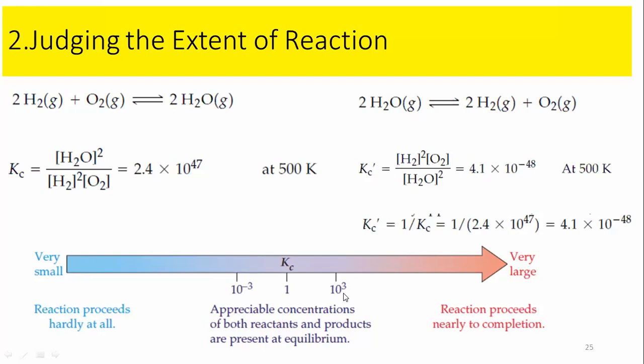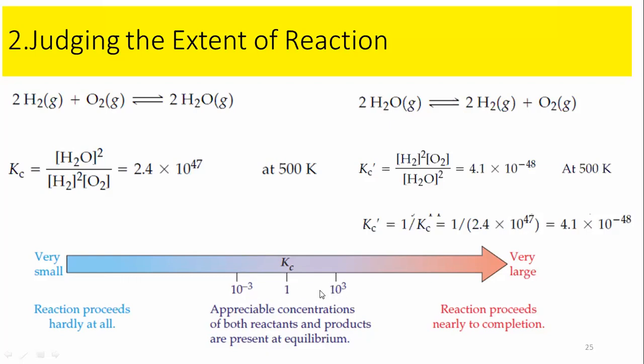So now I am giving you the limitations. The limitation is how much the value would be for the product side or the reactant side. This limitation is established if the value is 10 to the exponent minus 3, or 10 to the exponent 3, or in between these two values.